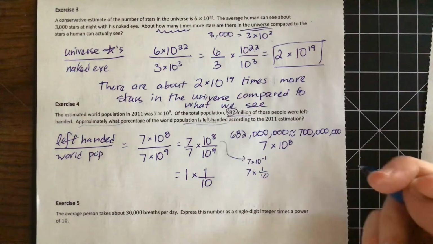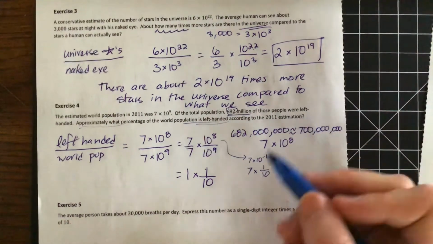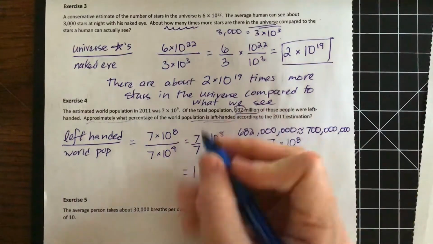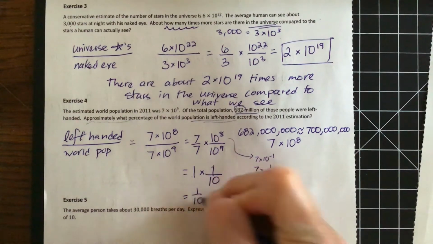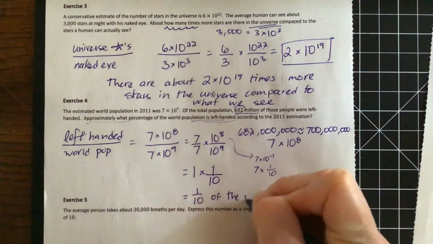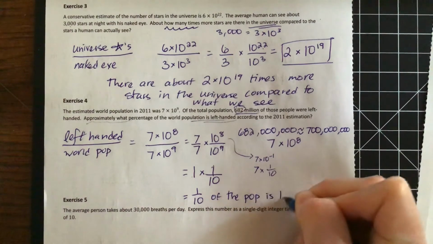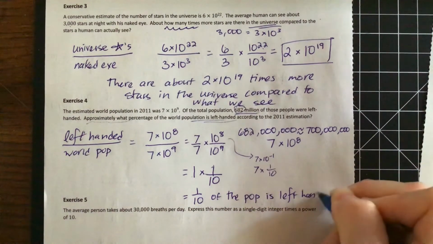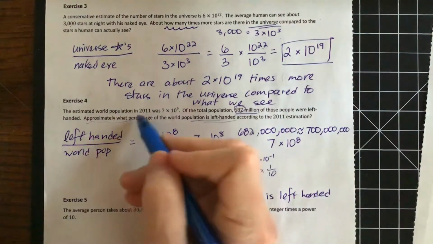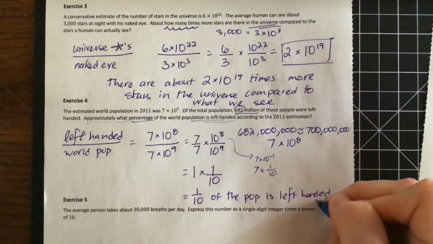Because you flip it with the negative exponent rule. Okay, so we get 1 times 1/10, which is 1/10 of the population is left-handed. And it asked what percentage. 1/10 is 10%.